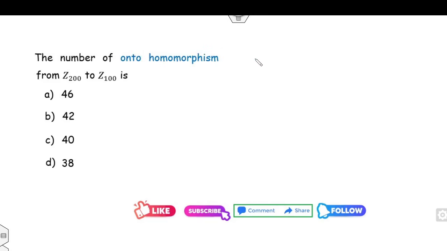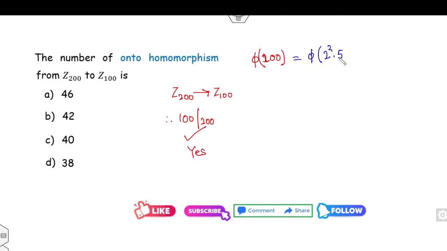How many group onto homomorphisms from Z200 to Z100? Again, you can see 100 divides 200. Yes, it's satisfied. So the number of group onto homomorphisms is phi of 100. Phi of 100 I can write as 4 into 25.